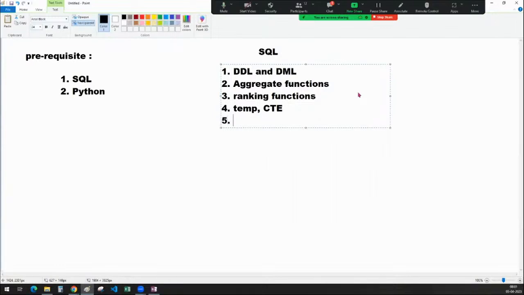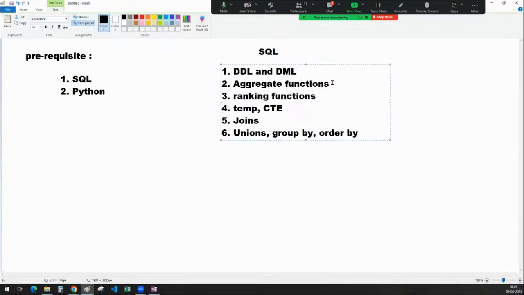And the fifth thing, I forgot one more, mainly joins, unions, group by, order by. If you are focusing on these things, that is enough.